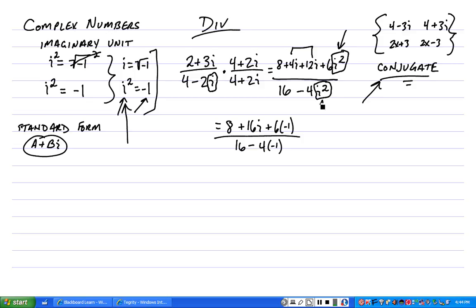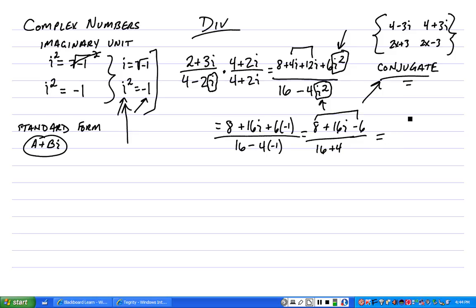Because of this i squared, that's where this negative 1 comes from. So you have 8 plus 16i minus 6 over 16 plus 4, because a negative 1 times a negative 4 is a positive 4.